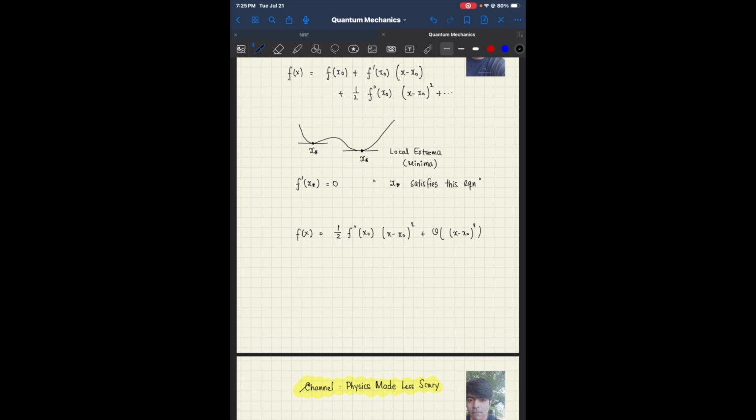This notation in physics or maths is called higher order. It just says that whatever correction terms you have are of order (x minus x naught) cubed and higher. That's what it means, okay?